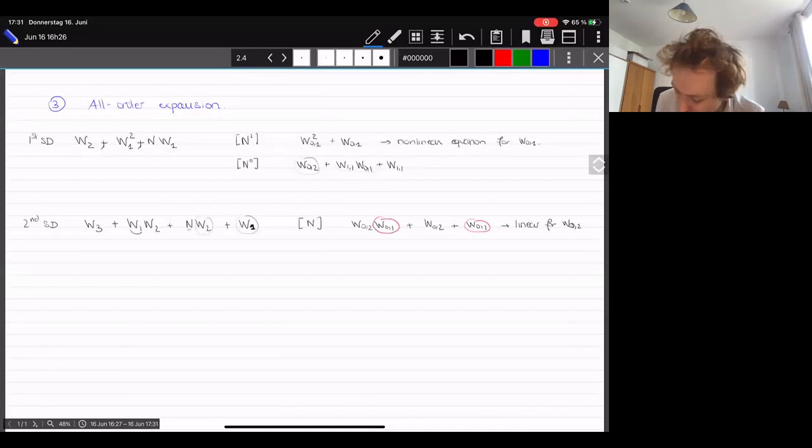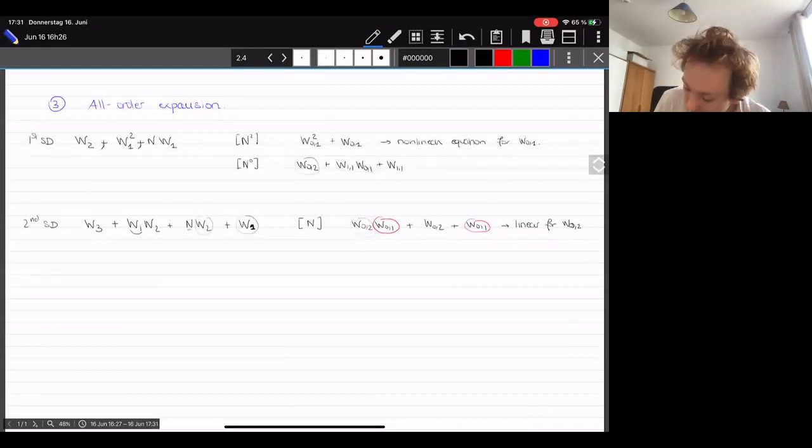There's a certain linear operator acting on this W2. Its expression depends on W01, but it's a linear operator that we already know, and we just have to invert it to solve this equation.